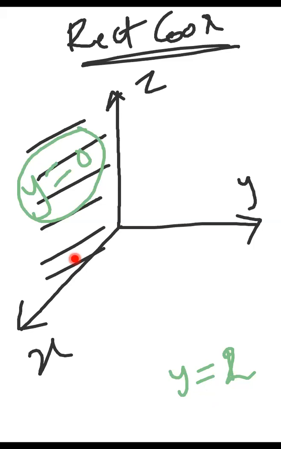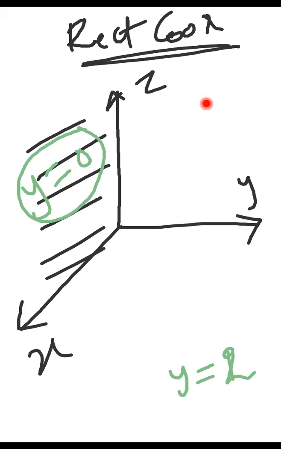Similarly, if you draw the y is equal to 2 plane, please remember that I have shown you only this way, but this is extended into the minus domain also. If I draw that, it will confuse you, so I am not drawing it. This infinite plane extends from z minus infinity to z plus infinity and from x plus infinity to x minus infinity.